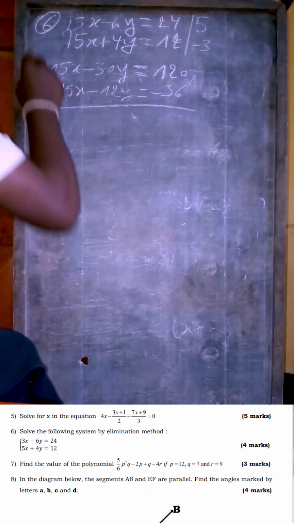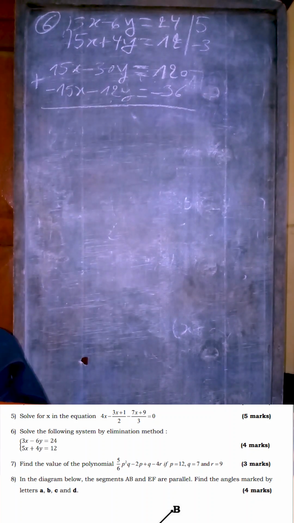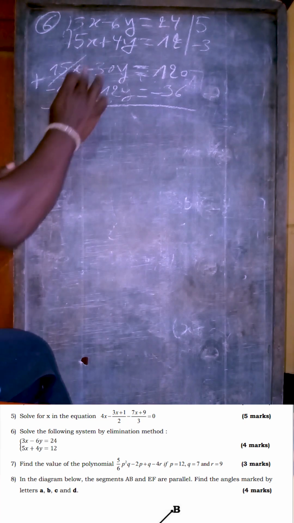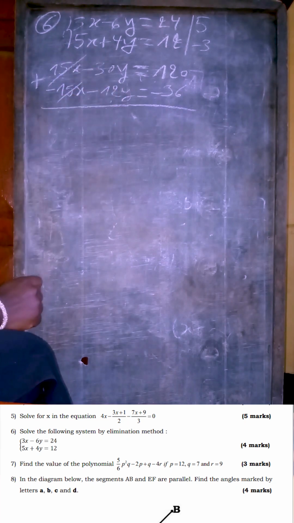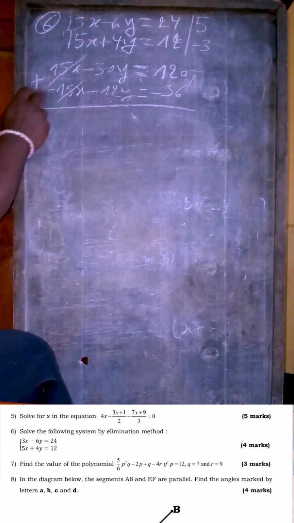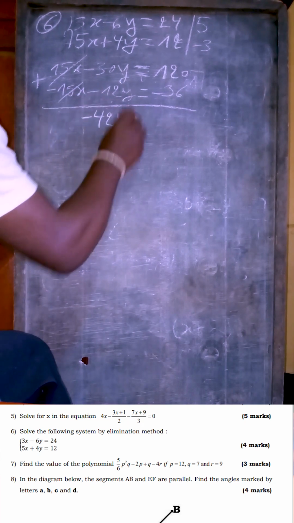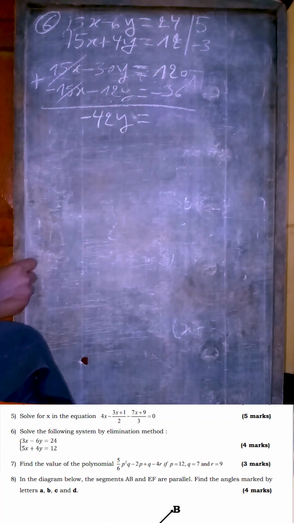Then we have to sum up everything because we are dealing with the addition method, which is called in another way the elimination method. We have to eliminate this, and minus 30y plus minus 12y is equal to minus 42y, which is equal to 120 minus what?